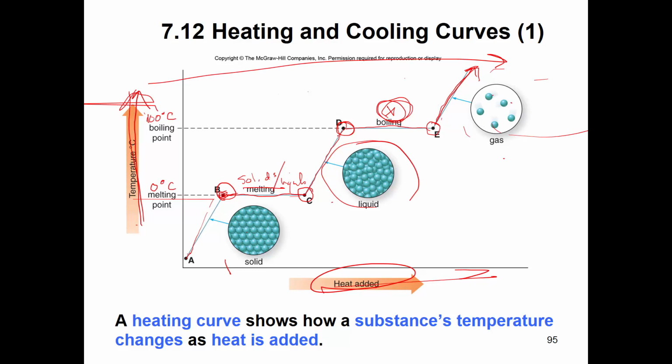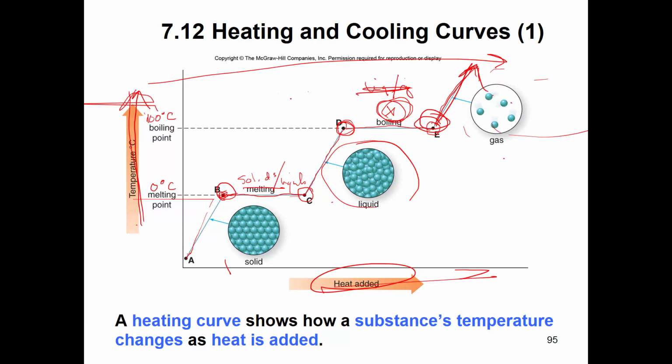When it gets to the boiling point, it's going to be a liquid and a gas. It's going to be a liquid until it all boils, and then once that's done, it's going to be a gas. So the heating curve is going up in temperature as you're adding heat, and it's going from a solid to a liquid to a gas.